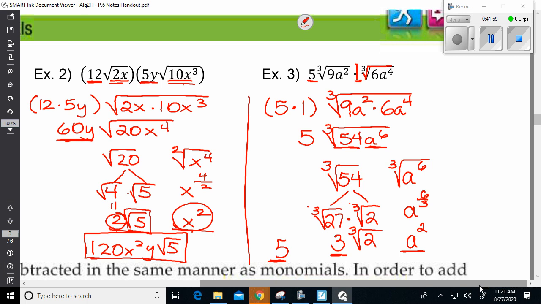So all 3 of them get multiplied together. Cube root of 2 is the only thing that stayed inside, so it stays that way. And that's your final answer for that one.